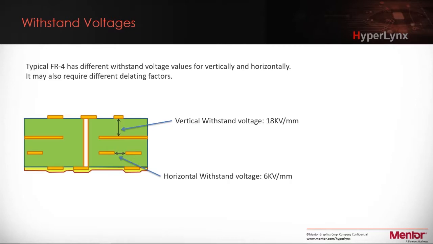Now let's switch gears a little bit and talk about clearance. Clearance is much simpler than the creepage check, but with a real board can also become complicated. Typical FR4 has different withstand voltage values between vertical and horizontal directions. We may also need to consider different derating factors.